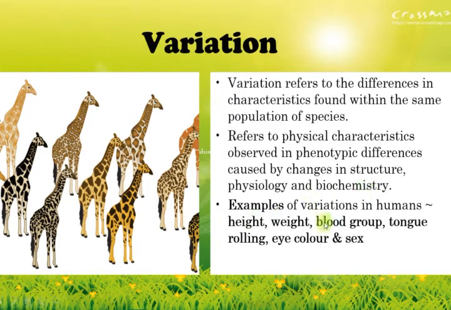Examples of variation in humans are height, weight, blood group, tongue rolling, eye color, and also sex or gender of the human. So these are referred to as the meaning of variation.